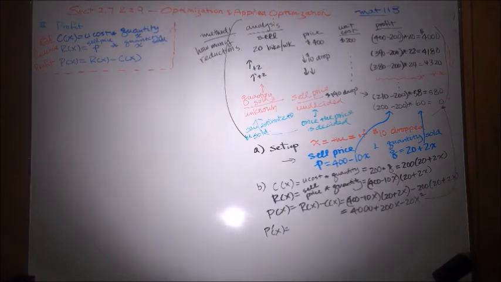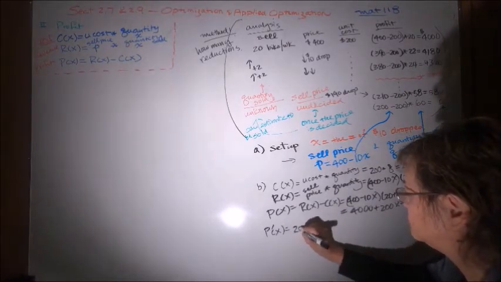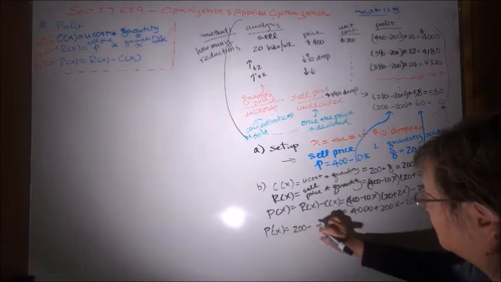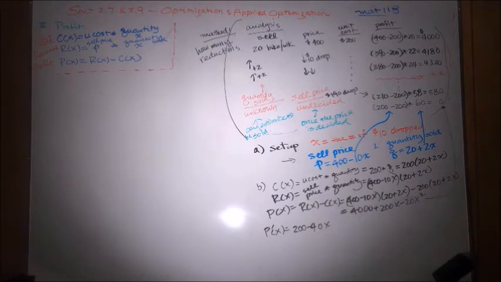If it's equal to 0, you have a maximum or minimum. Then you use P prime prime, the second derivative, to verify whether it's a maximum or minimum. So you take the derivative of this: 200 minus 20 times 2x, that would be 40x.